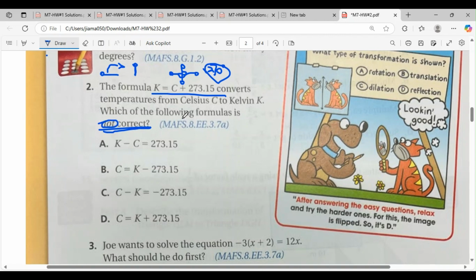Okay, so let's write the formula down and change the order of it: C plus 273.15 equals K. Okay, let's check the options.